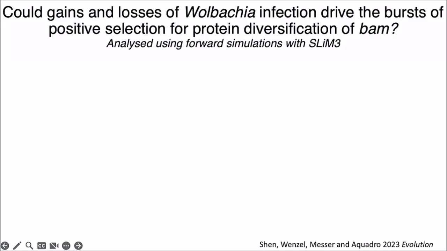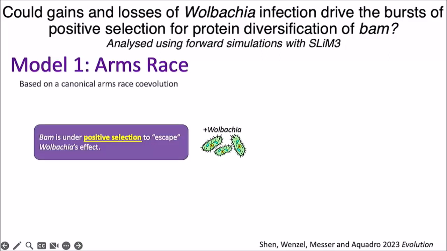So we posed a simple model, working with Miwa and my lab, together with Runji Shen and Philip's lab. We approached them about collaborating, and they did, to set up first an arms race model, a classic arms race model, to get the predictions of what we'd expect if there was some sort of cat and mouse game or arms race, because BAM's starting to evolve away from the influence of Wolbachia because yes, it manipulated reproduction to generate more fertility, but maybe at the wrong time or things like that.